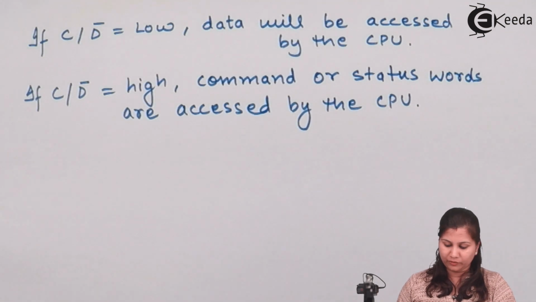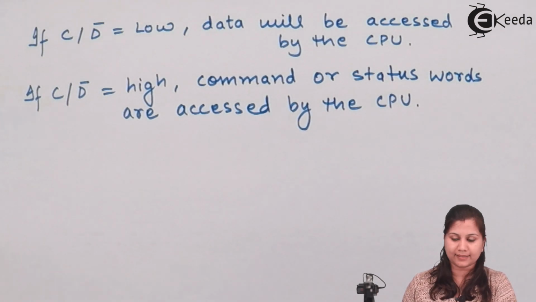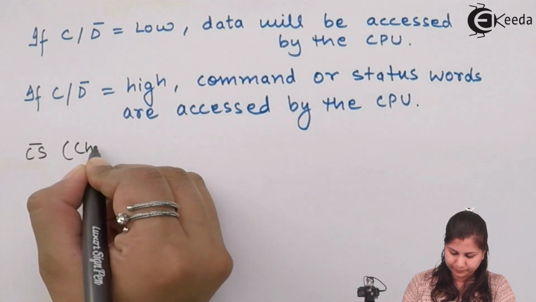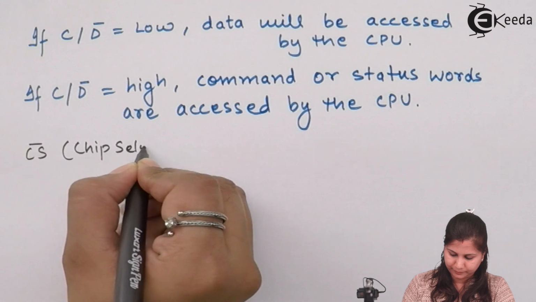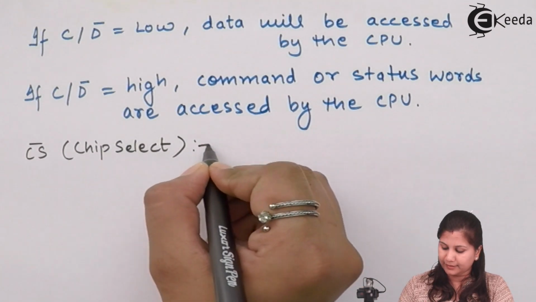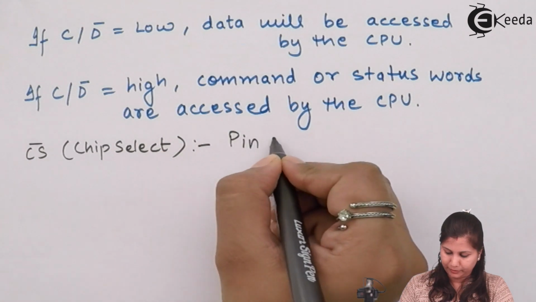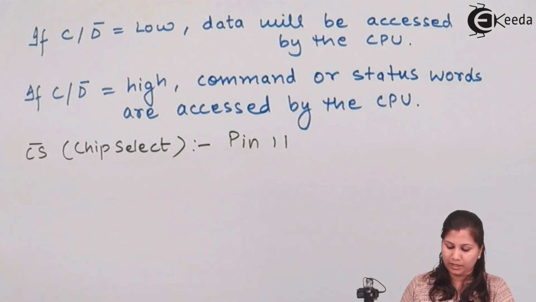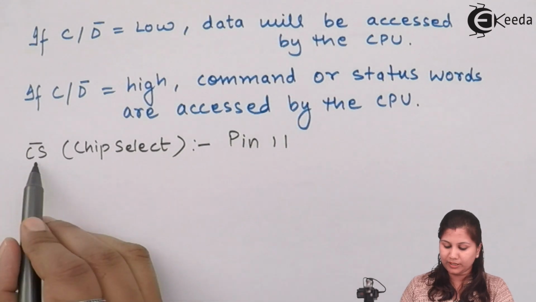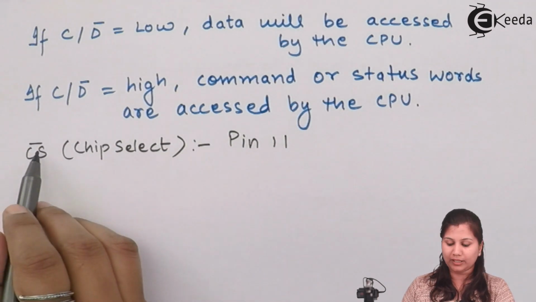Now this chip select signal is available at pin number 11. It is active low, because it has a bar over it.